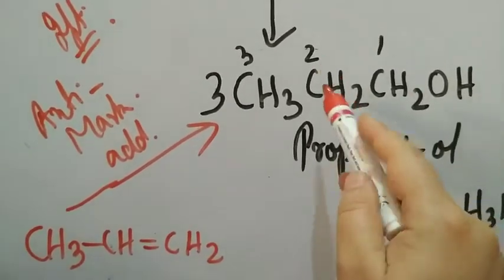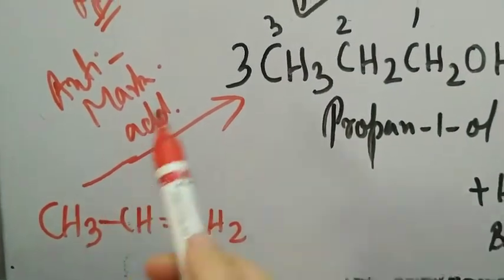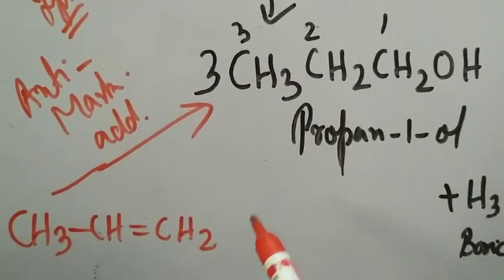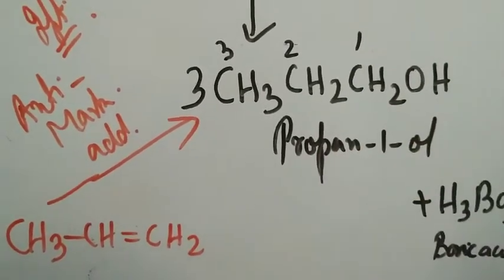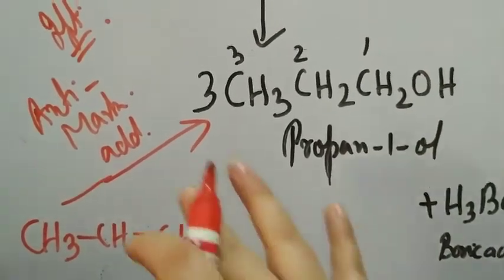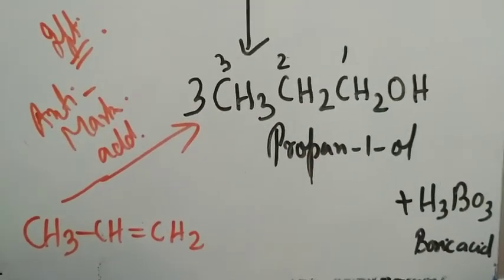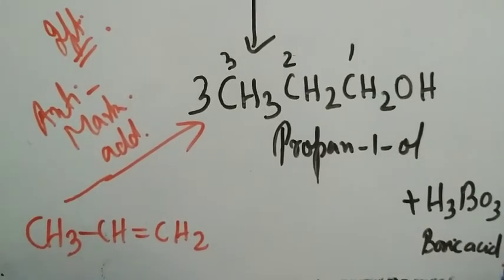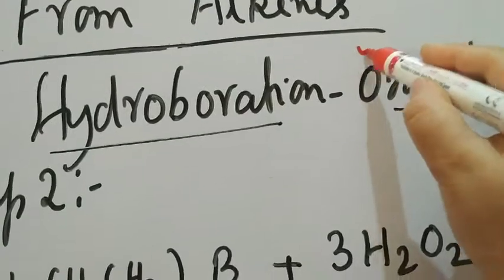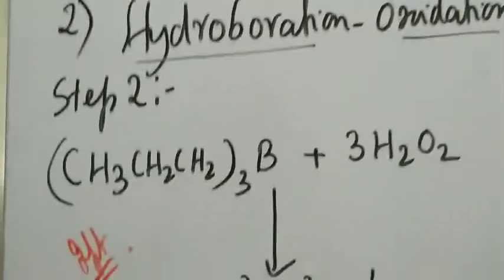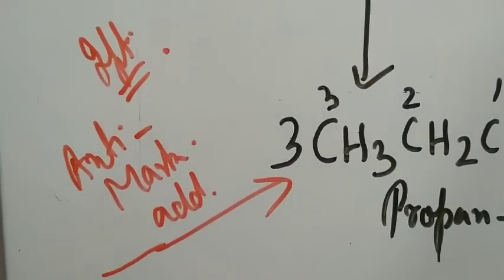Your H is on the carbon having the lesser number of hydrogen atoms, whereas according to Markovnikov's addition, H should have been on this one. It does happen in chemistry. You have so many additions that are anti-Markovnikov. You just have to remember where the addition is as per Markovnikov and where it is anti-Markovnikov. This is preparation of alcohols from alkenes by hydroboration oxidation, which one more time is an anti-Markovnikov addition.